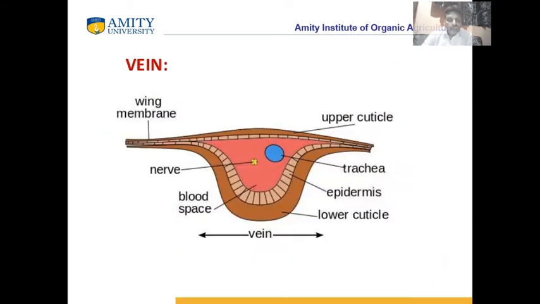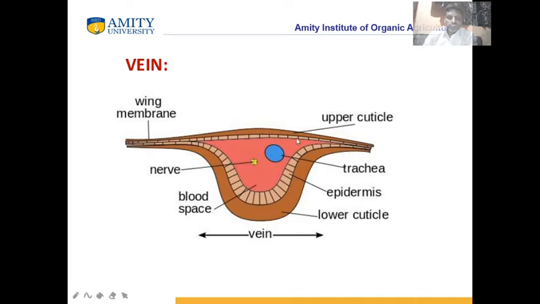This is the typical structure of a vein. You can see the trachea, which means oxygen comes here, and the oxygen is carried by hemocyanin in the blood. The nerve cells are there and hemolymph appears with the help of nerve cells.